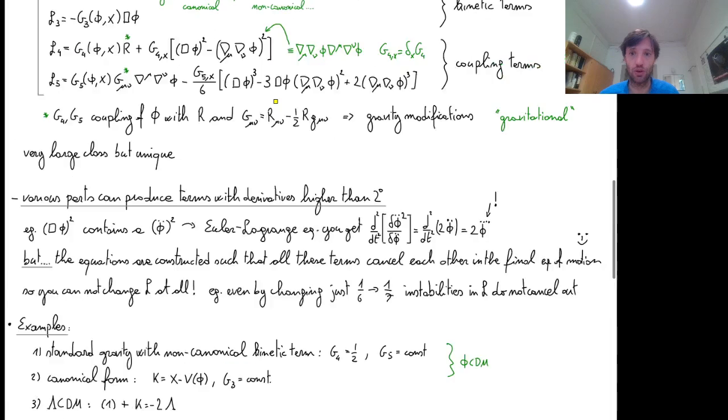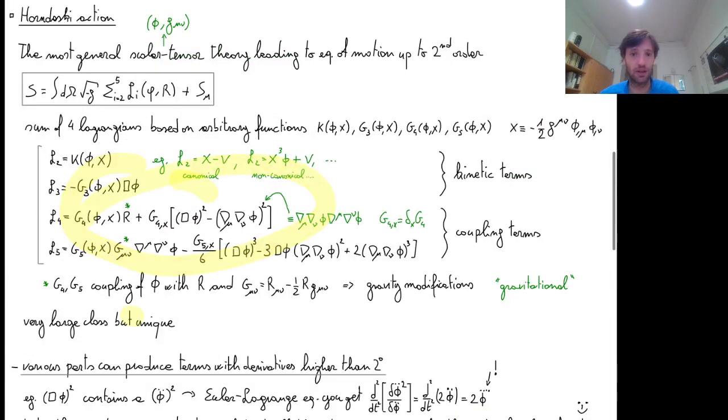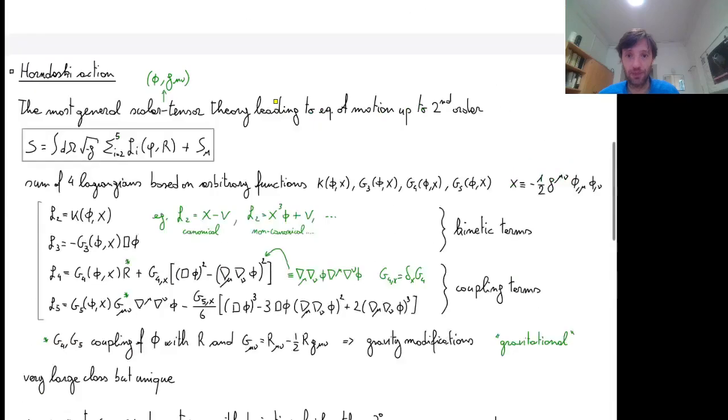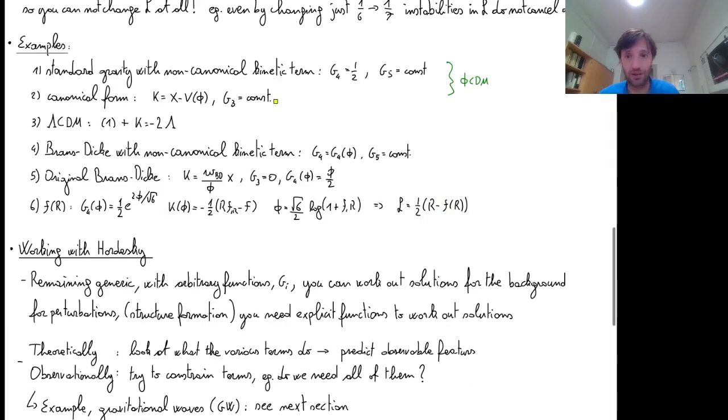Just make the substitution in your expressions up here, and you will realize that you get just the standard Brans-Dicke theory. If you want f of R, then G4 must be equal to this exponential, K must be equal to that, where we have defined phi such that it equals that. Whenever this is the case, then your Horndeski theory represents f of R gravity. So you see we can have standard gravity, a standard canonical form, lambda CDM, Brans-Dicke, the original Brans-Dicke, or f of R gravity.